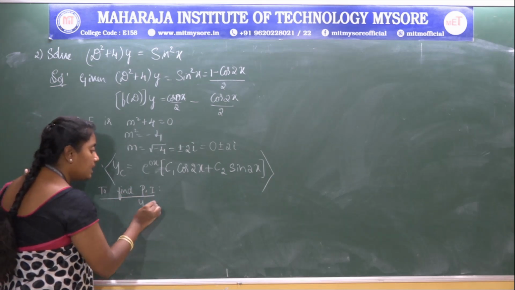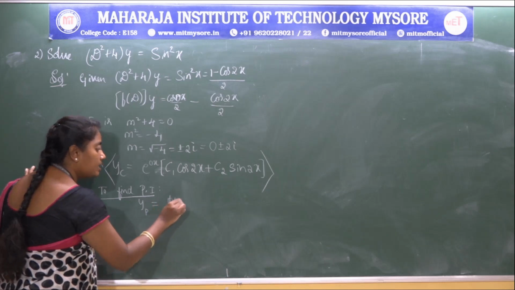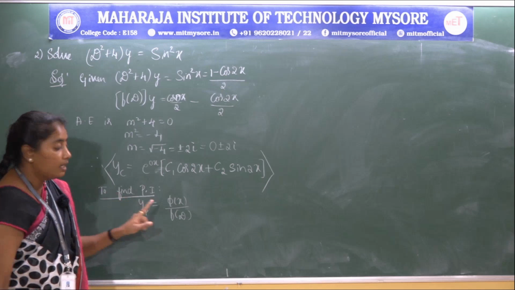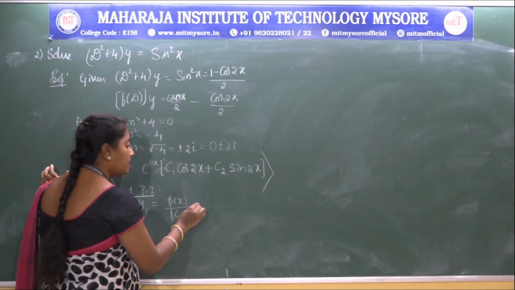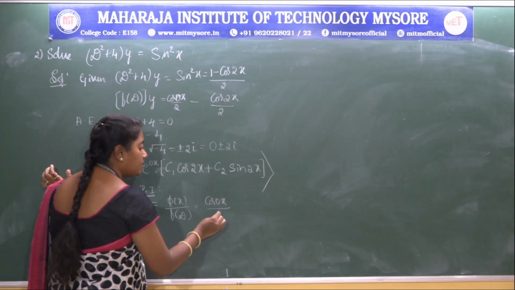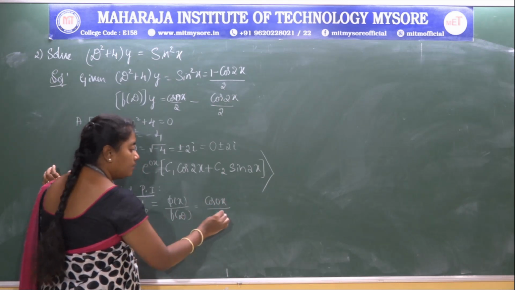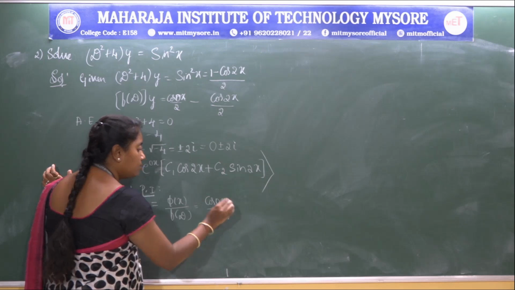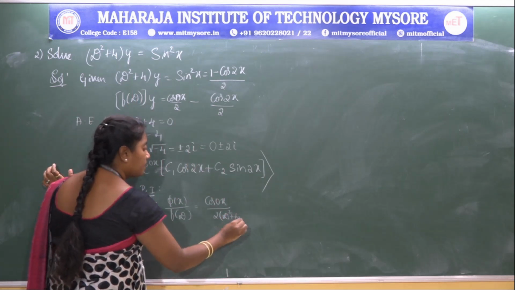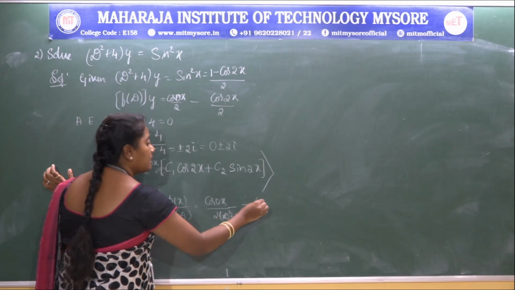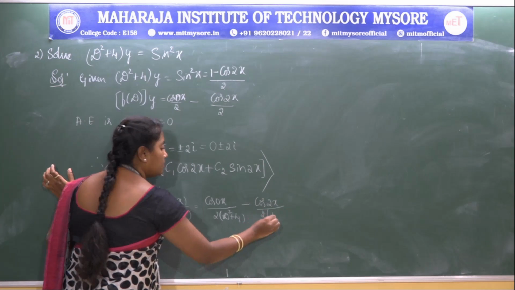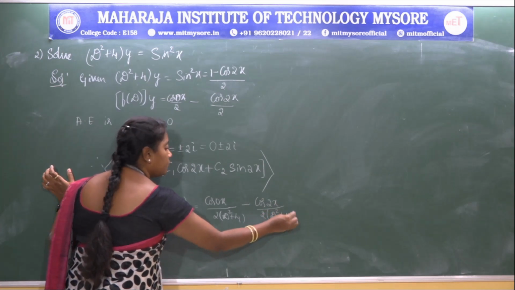yp is equal to phi of x divided by f of D. Here the phi of x value is cos 0x by 2, and f of D is equal to D square plus 4, minus cos 2x divided by 2 into D square plus 4.